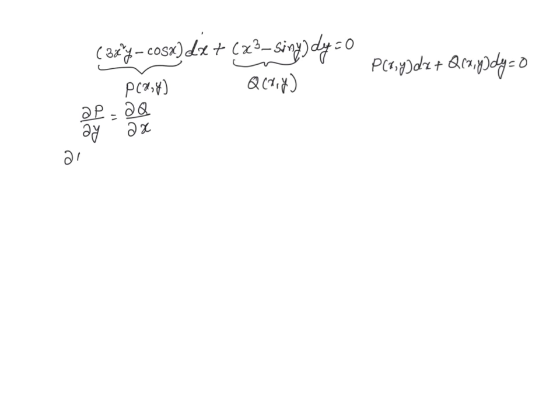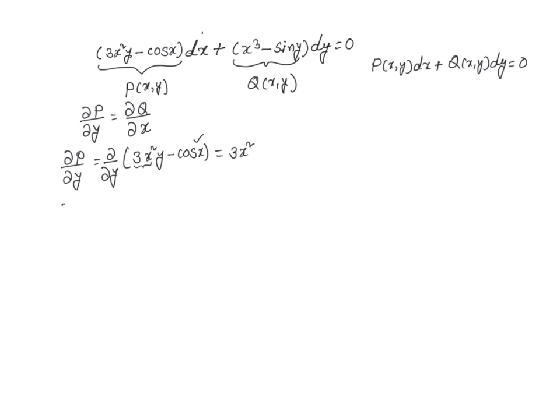So ∂P/∂y is going to be ∂/∂y of 3x squared y minus cosine of x. If you take the partial derivative with respect to y, this becomes just 3x squared, because the derivative of cosine x with respect to y is 0, and when we are taking the derivative with respect to y, 3x squared is nothing but a constant.